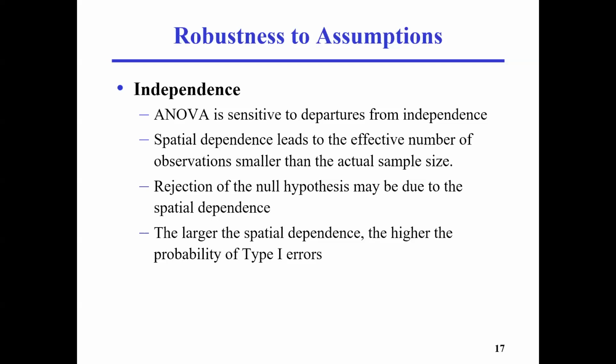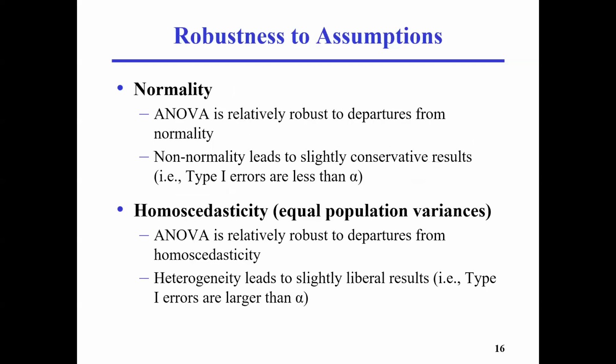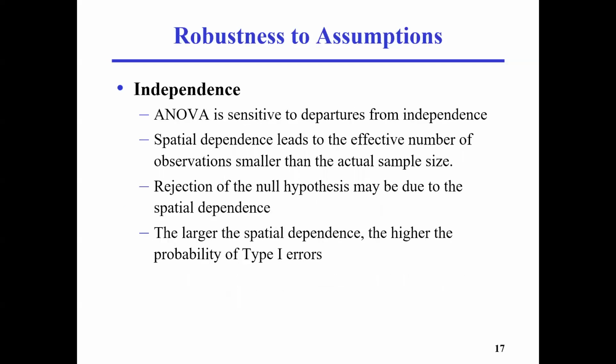So when you are trying to carry out ANOVA analysis, normality of your populations is okay. Equal population variances, this assumption is also okay if it is not very strictly followed. But independence, observation independence, is pretty important.